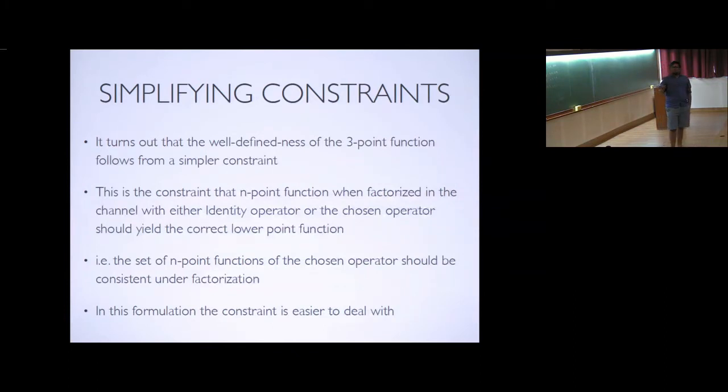So in this way of writing the constraint, one doesn't invoke any other operator of the CFT, but just works with this operator phi that I've chosen. And now I will show why this is true. If I assume that the endpoint functions of phi just factorize consistently into lower point functions of phi, then why is it that any three-point function is uniquely fixed?